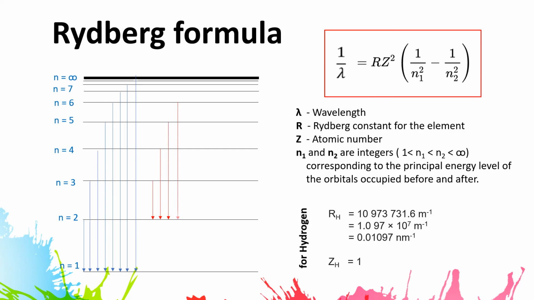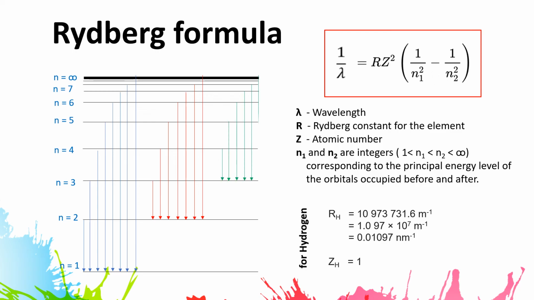Let's go to the next kind of movement. Think about movements of electrons to the second energy level. For that kind of movement N1 is 2, because every movement ends at the second energy level, and you can take different N2 values.